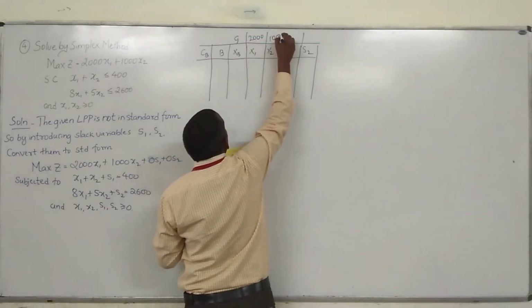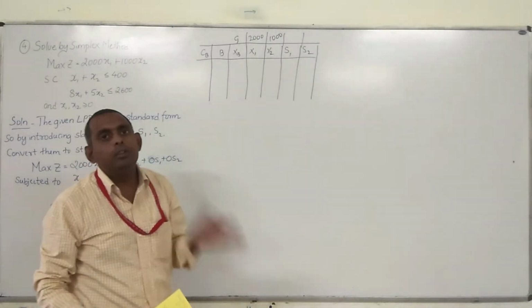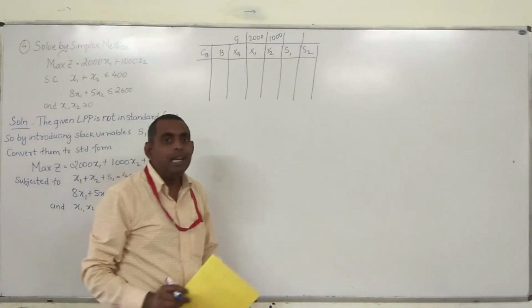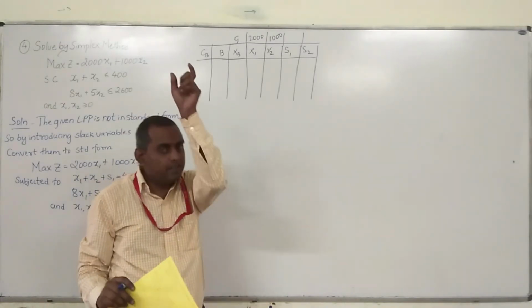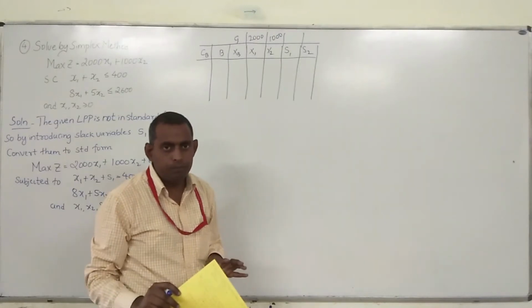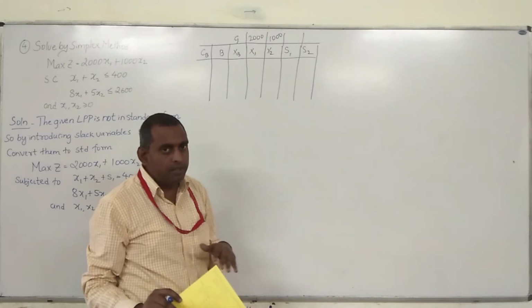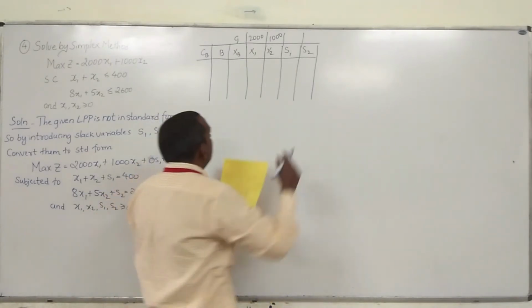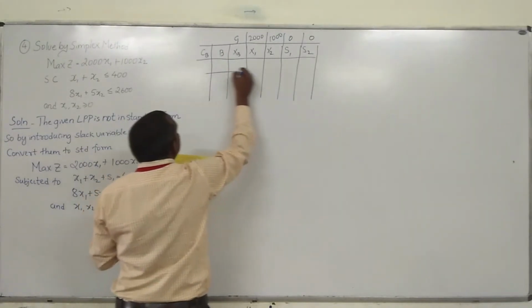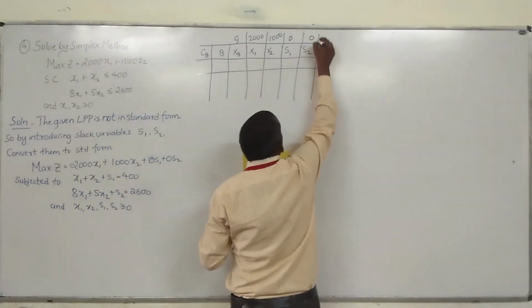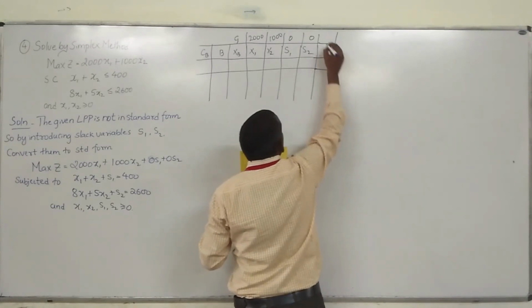In that case we convert the constraint from greater than or equal to less than or equal to by multiplying by a negative sign. So make sure that in simplex method all the constraints should be less than or equal to. Fine? As per the algorithm, if it is minimization, go for the maximization. So let me complete the table here.